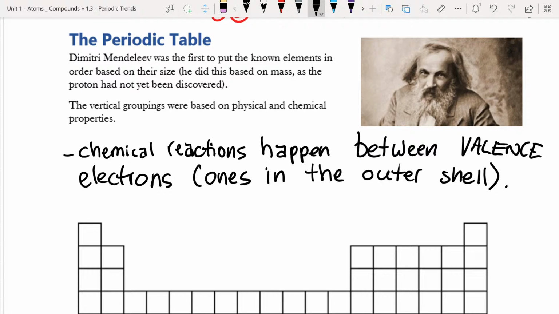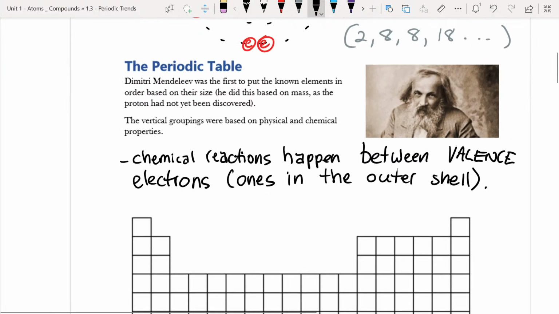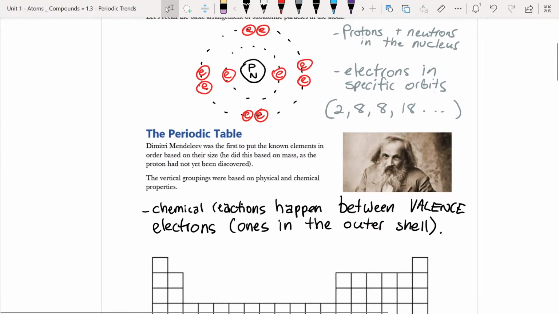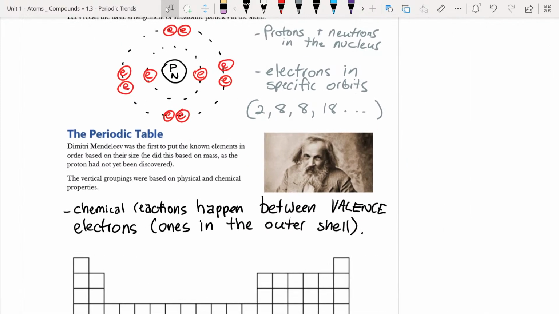Which means that for all intents and purposes, what is going to define an atom's chemical behavior, its chemical properties, the way it reacts, is what that outer shell looks like. Does that make sense? If two atoms have the same outer shell, they're going to behave similarly. And this is how the periodic table is grouped.